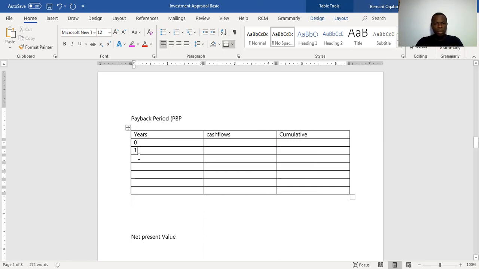1, 2, 3, 4, 5. From the question that you have, you know that cash outflow is 45,000 negative.